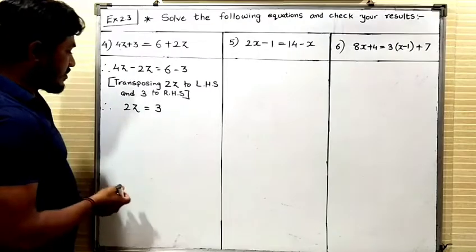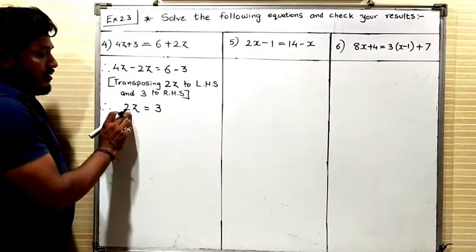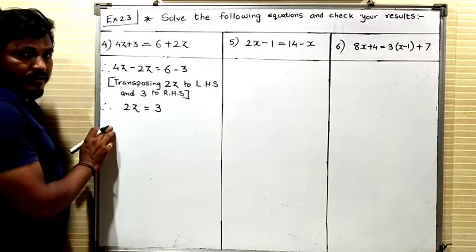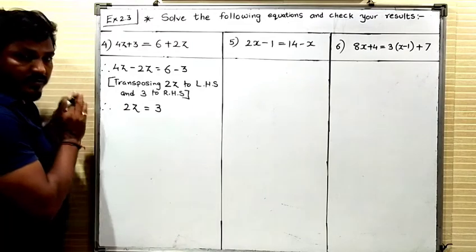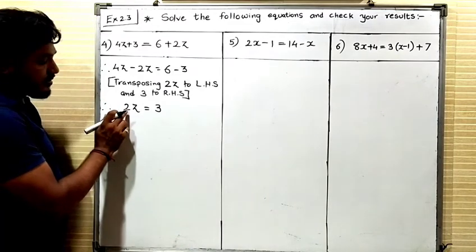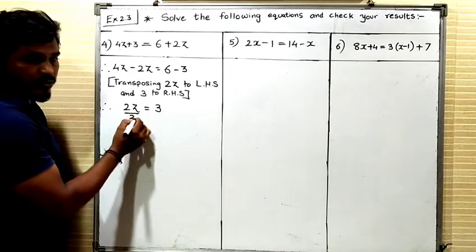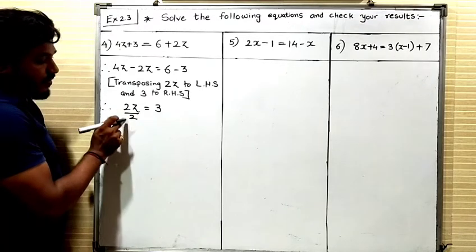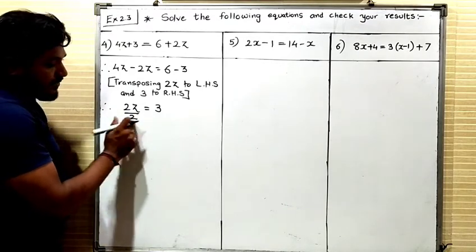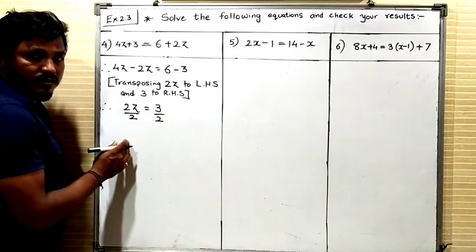Now dear student, here 2 is with the variable and we need to find the value of the variable. I need to cancel this 2. So 2z should be divided by 2 so that 2 and 2 will get cancelled. Whatever value I am taking toward my left, the same value you have to take toward your right.